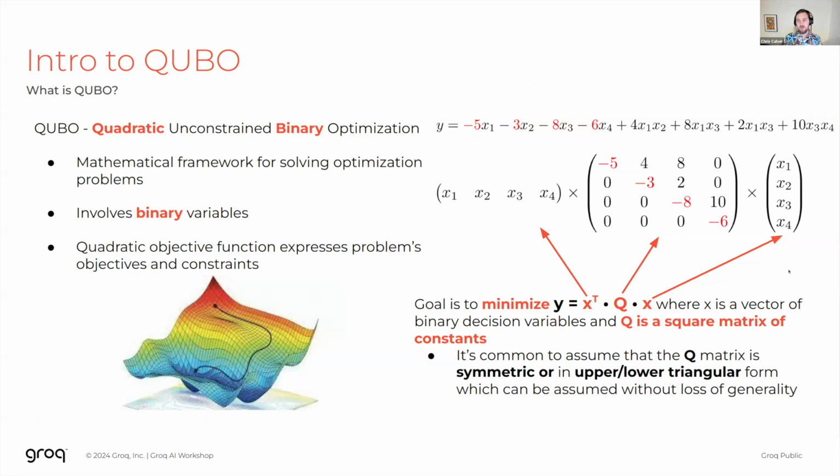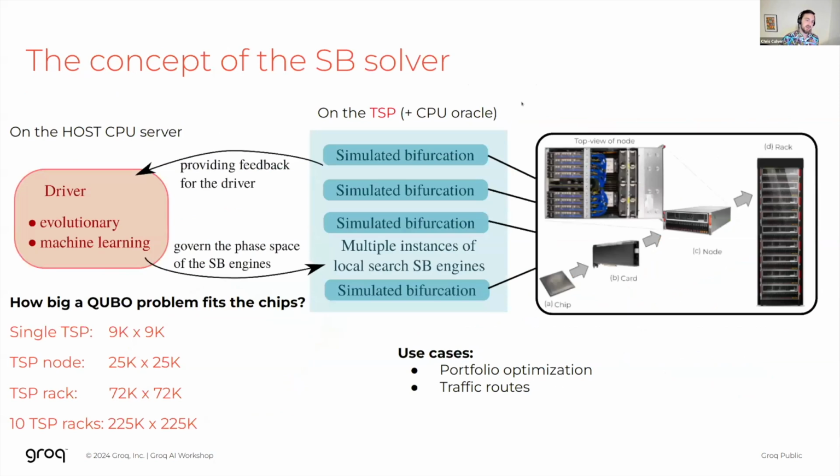We're not solving this problem exactly. Instead, what we've done is borrow this thing called an SB solver, called simulated bifurcation. It's essentially a way to simulate the minimization of this algorithm. It is an iterative algorithm, and since our hardware is deterministic, you can say run for 10 or 20 or 30 iterations.